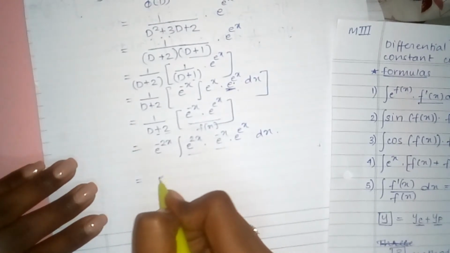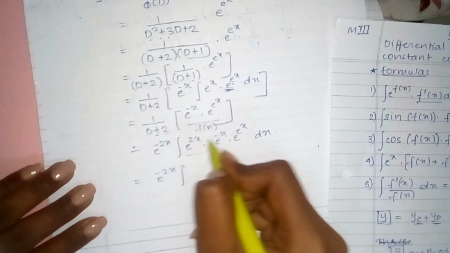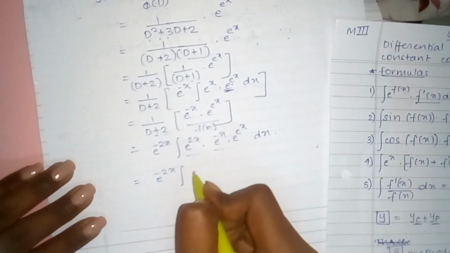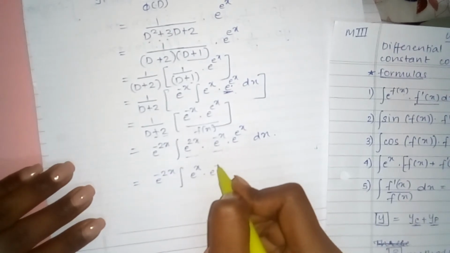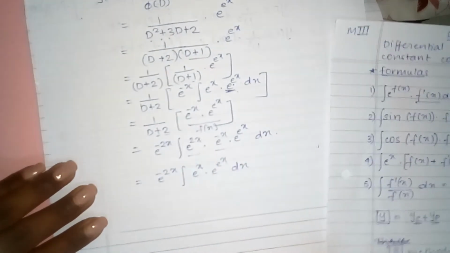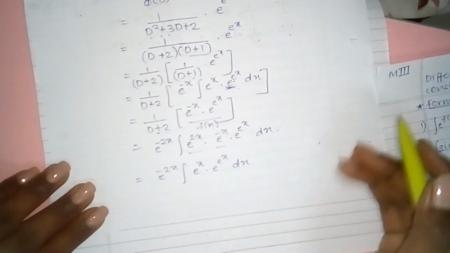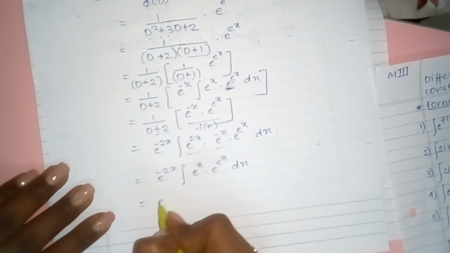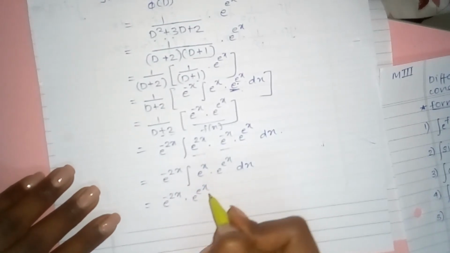So over here e raised to minus 2x as it is, integration of 2x minus x is x. So e raised to x into e raised to x dx. Then again this same formula will get applied over here. So the answer will be e raised to minus 2x into e raised to x.